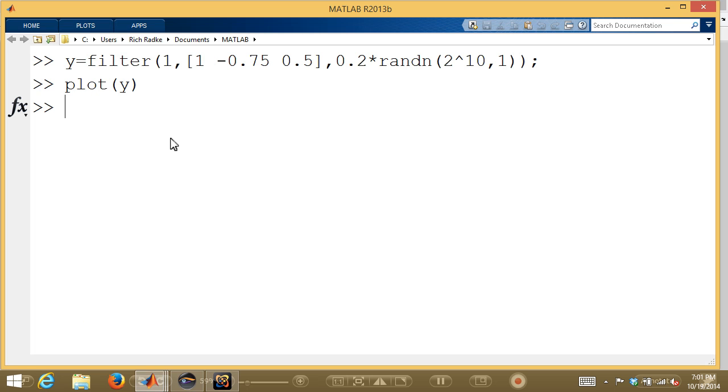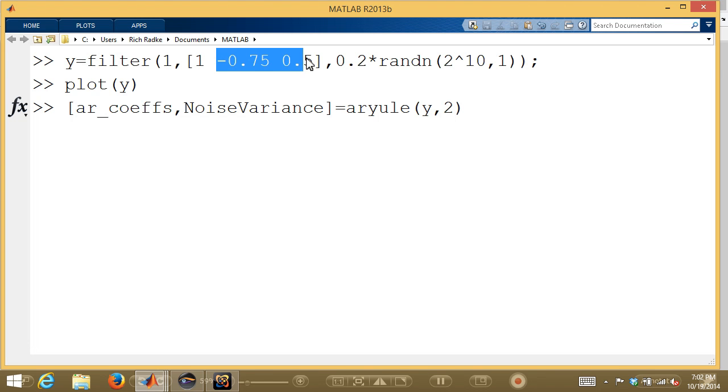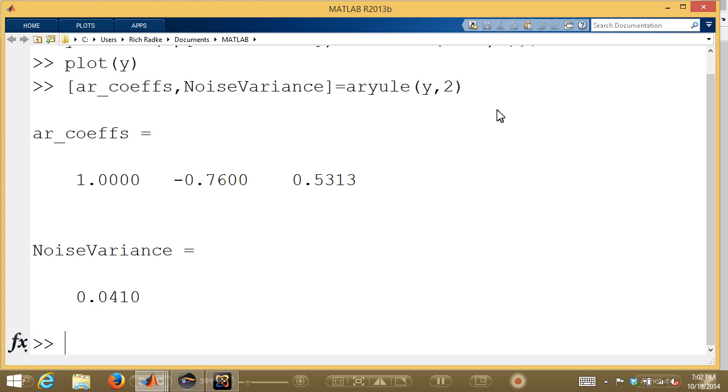And then what I can do is estimate the coefficients that correspond to the AR process. I know that the coefficients I expect are -3/4 and 1/2, and my noise variance should be 0.2 squared, so 0.04. So if I use that, here's what I get from Matlab.